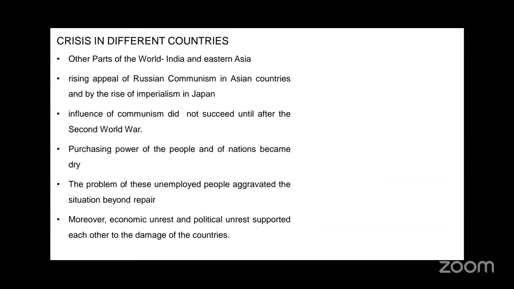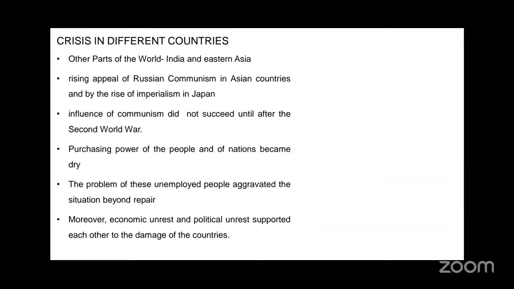The influence of communism, as expected by the European powers, did not succeed until after the Second World War. The other countries did not see the wave of communism. It was not until the Second World War that the revolutions began, and the colonies under the British or the European Empire slowly started to gain their independence.